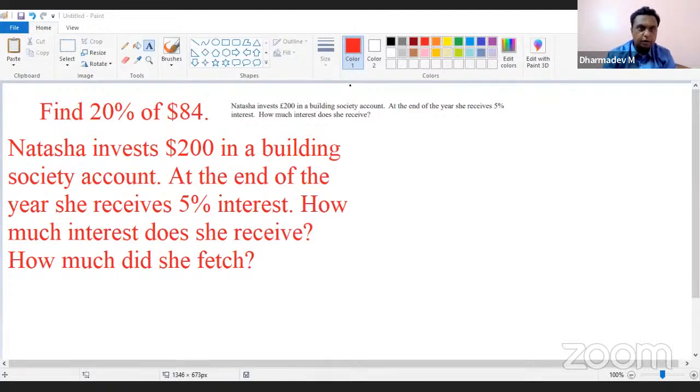Okay, I'm giving you the next one. It would be like both the parts of profit and loss, as well as the percentage topic to cover both. Okay, I'm just giving you some questions. Just quickly you can do it. I'm just clearing the board.